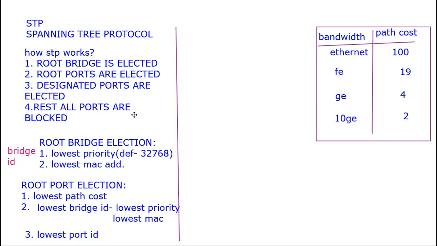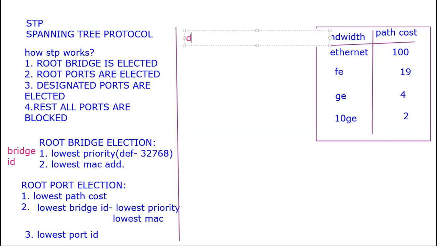After root bridge election, root port election is done on the basis of lowest path cost. Path cost is on the basis of the bandwidth. Higher the bandwidth, lower is the path cost. If path cost is the same, then the root port election is done on the basis of lowest bridge ID. If bridge ID is the same again, then lowest port ID is the tiebreaker.